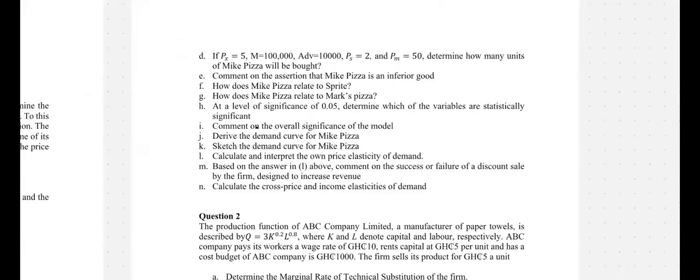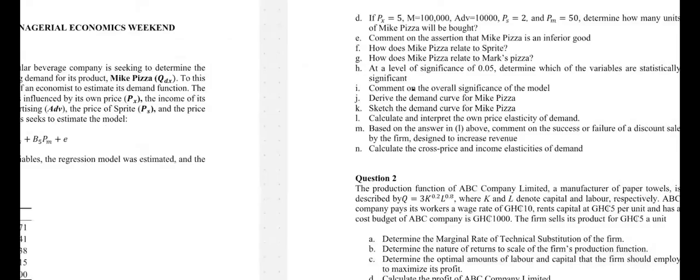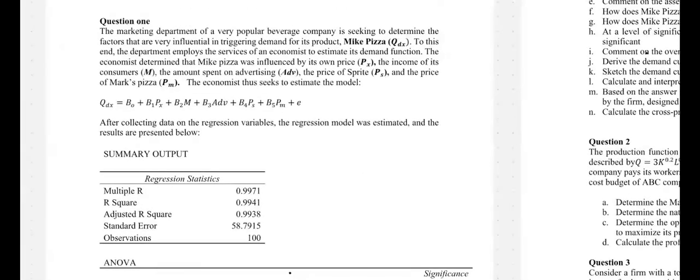All right, so the question continues. This is the passage where we have Mike's Pizza to be the QDX, Mike's Pizza's own price to become the PX, the price of Sprite become the PS, Max Pizza becoming the PM, and income of its consumer becoming M. We then also have the model for the demand, which is this.